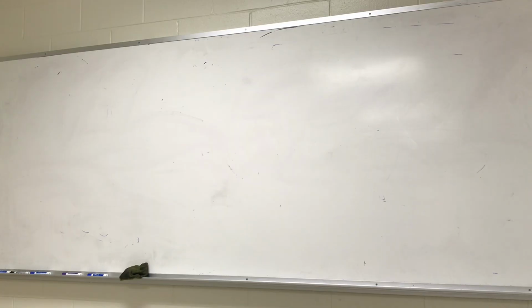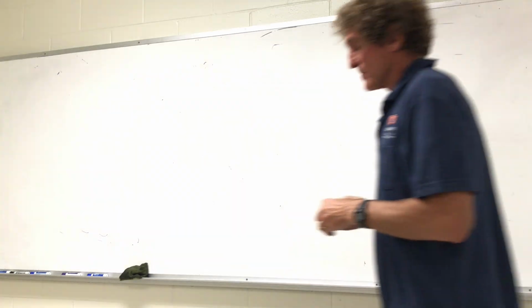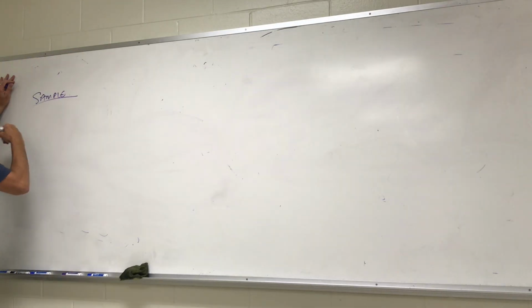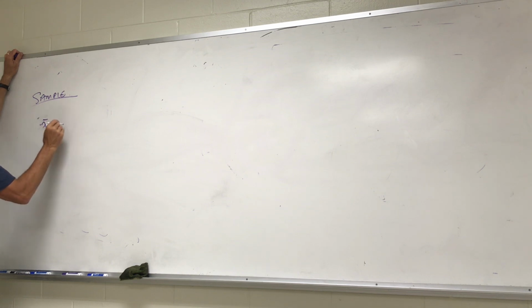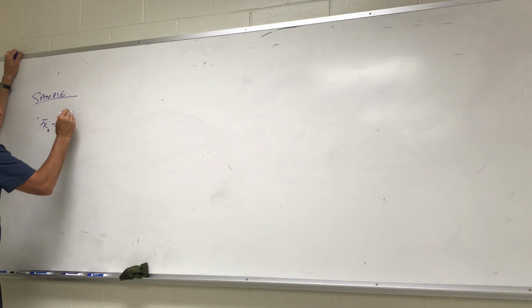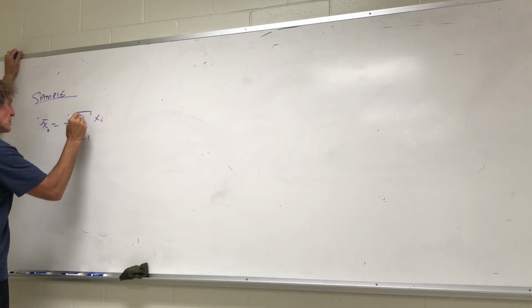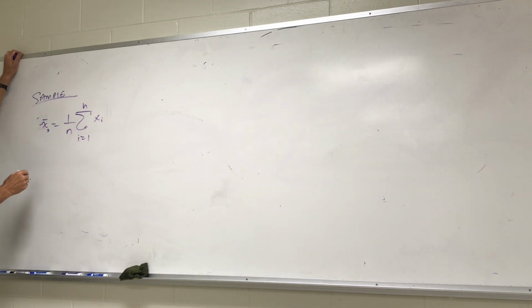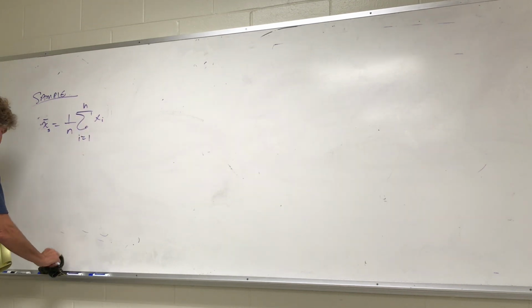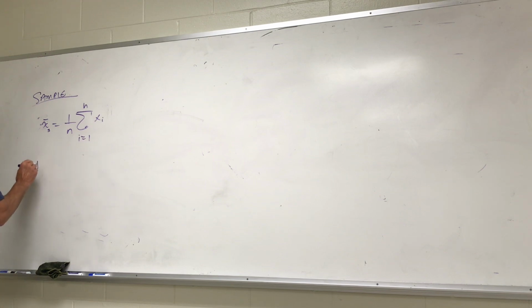Let me put up the formulas first in the corner so I can reference them. If we have a sample, the mean of the sample is just 1 over n times the summation of these sample values from i equals 1 to n, and then the expected value of the average value, which is a random variable, is the actual mean value of the samples.